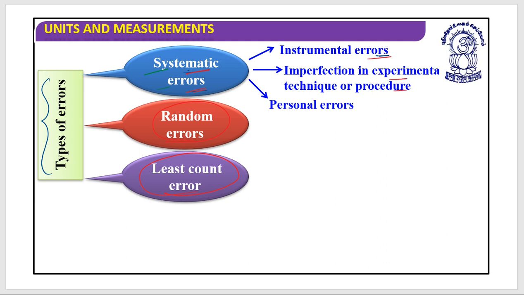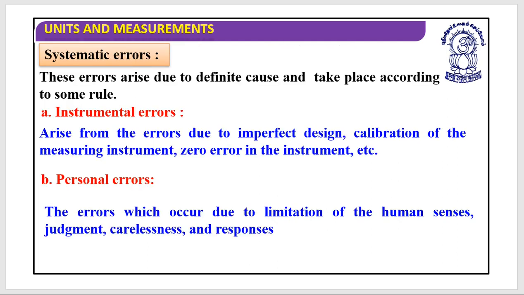There are certain incidents where error would arise. One of them is instrumental error. This all comes under the category of systematic errors. So, what is instrumental error? There are certain times that our design is imperfect or we cannot calibrate the device correctly or there is a zero error in the instrument. Let's say you have visited a sweet shop and you have asked for 1 kg of a certain sweet.